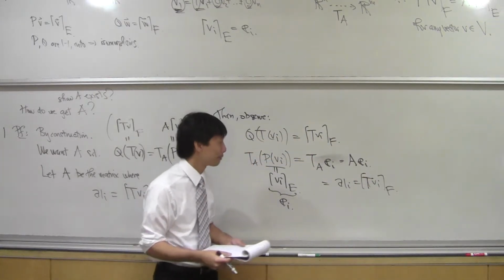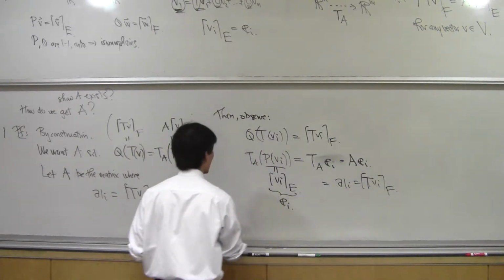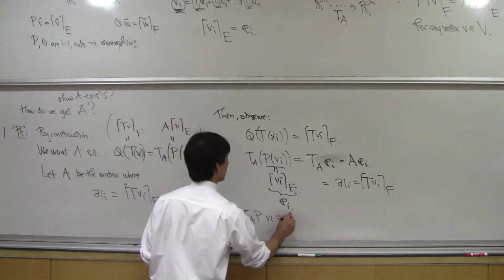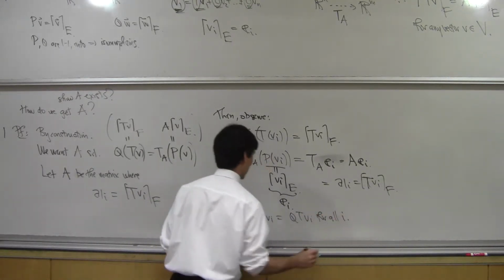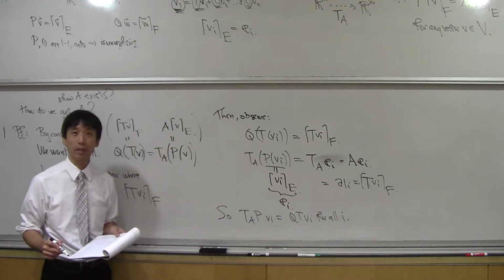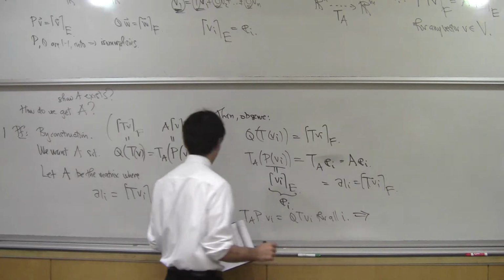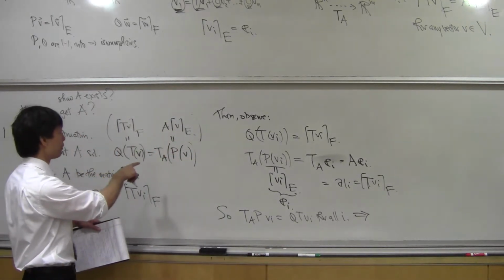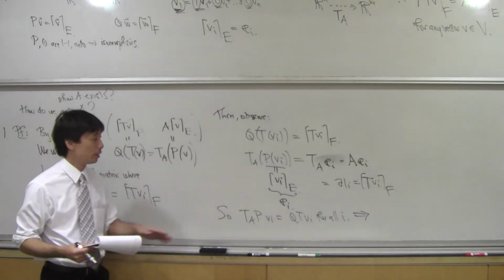Okay, so what do you see? You see that T_A of P(VI) equals Q T(VI) for all I. But what does that tell you? Anybody see it?